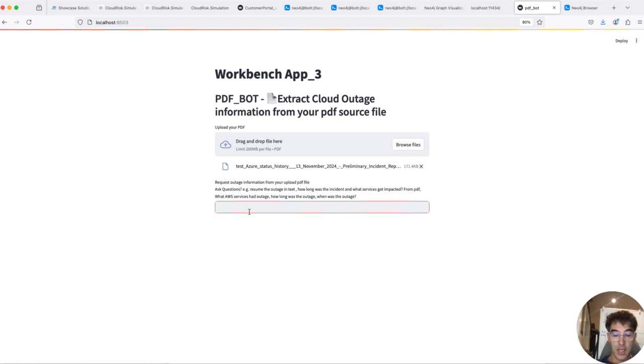In the text from Azure Cloud, resume the outages, services impacted, regions, availability zones.